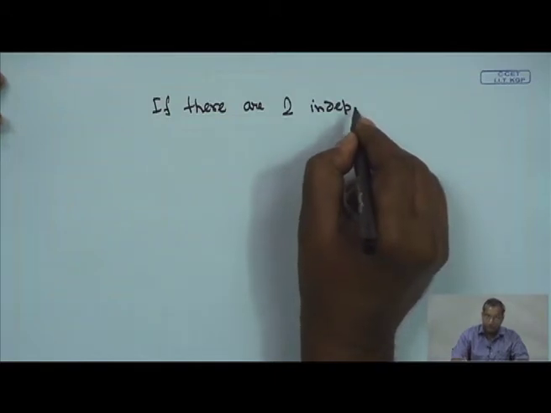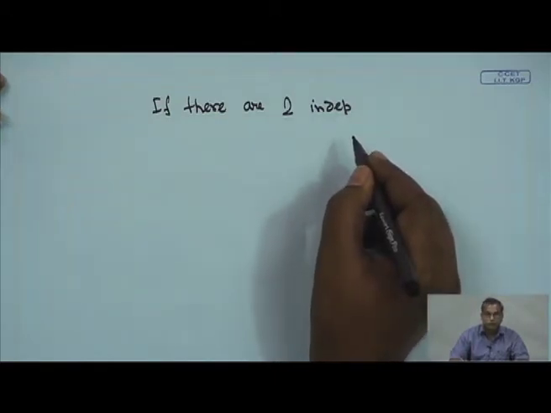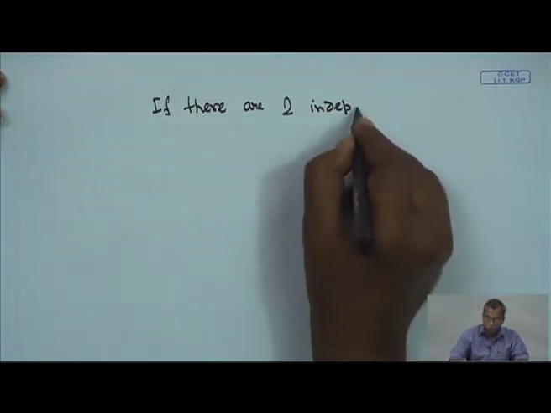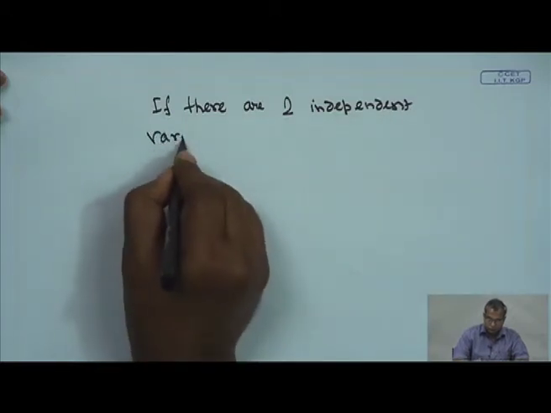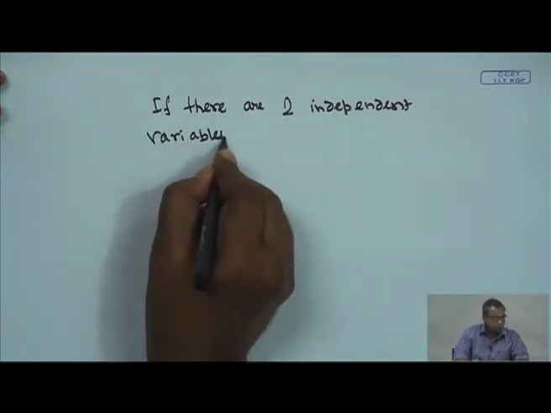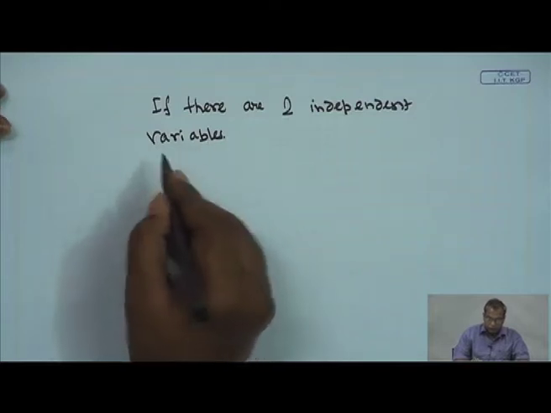In the earlier case, we talked about a three-dimensional problem where we are dealing with three independent variables. Now in this particular problem, we are dealing with a two-dimensional problem where we are talking about two independent variables.